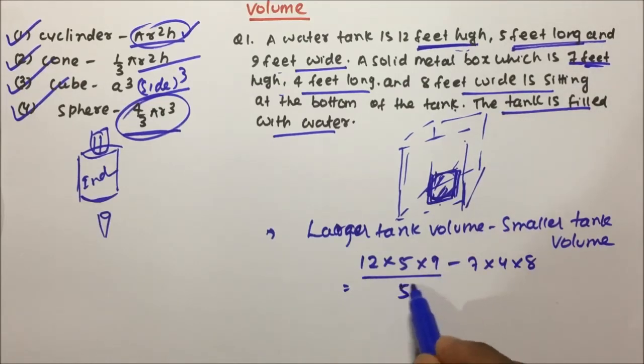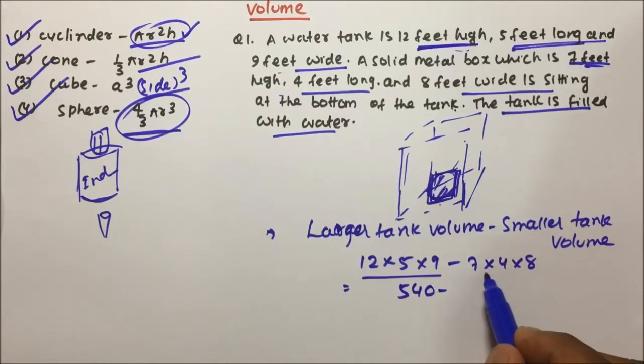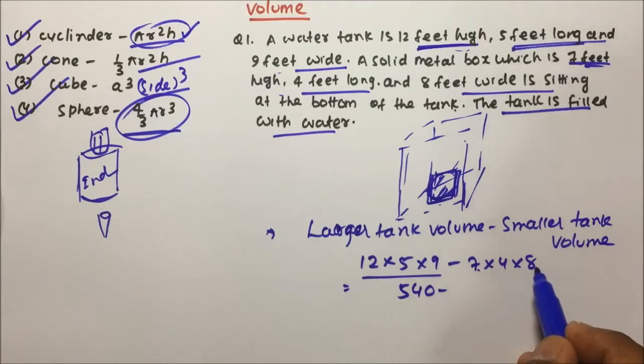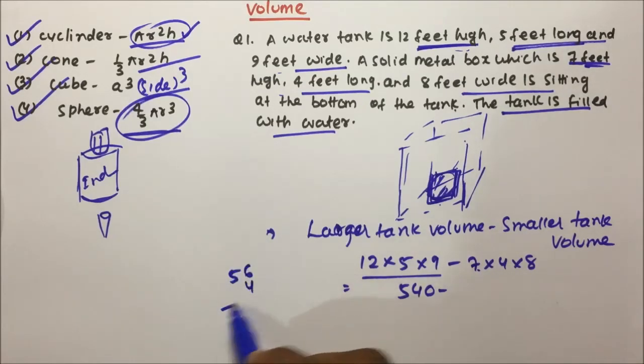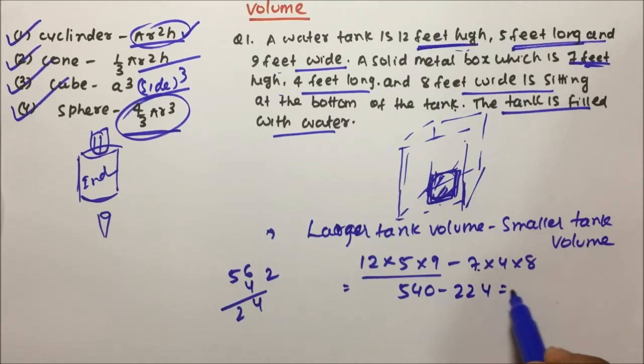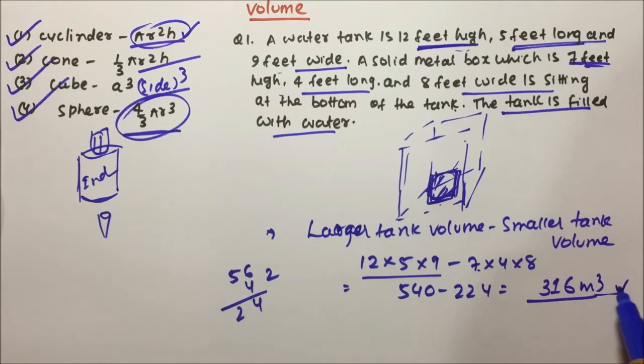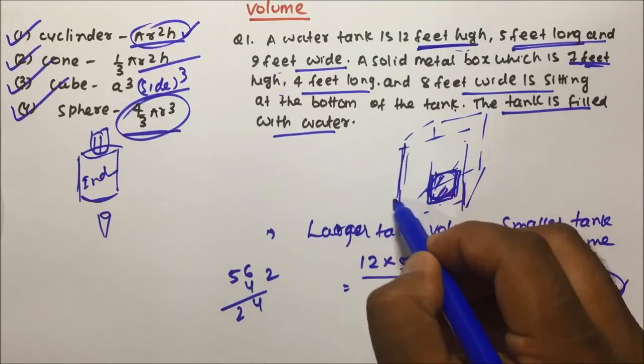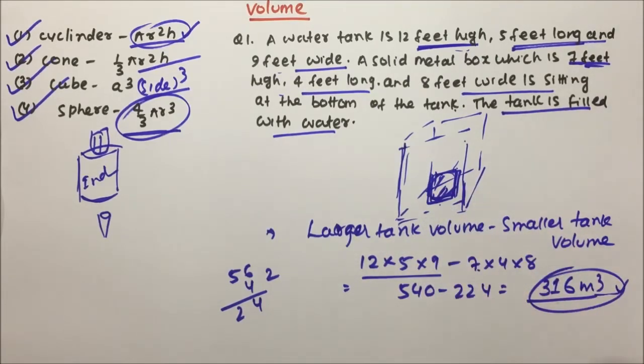Now 12 into 5 into 9 is 540, and 7 into 8 is 56, and 56 into 4 is 224. Now if you subtract, 540 minus 224, it is 316. So 316 meter cube will be the volume of the water inside the tank, and that's the answer.